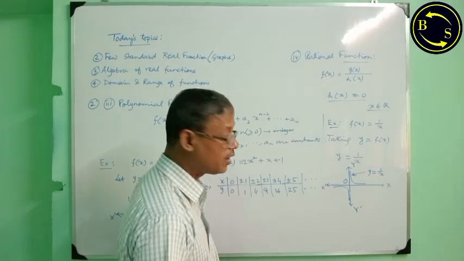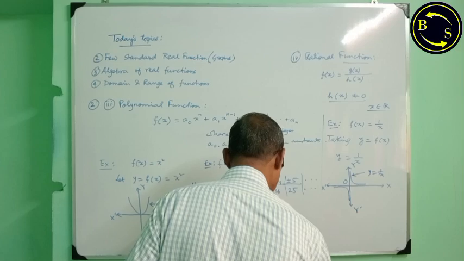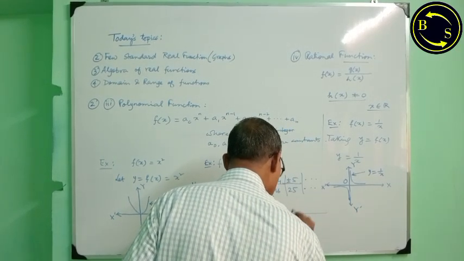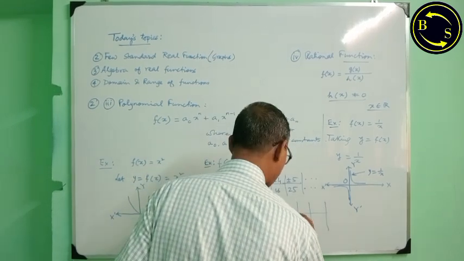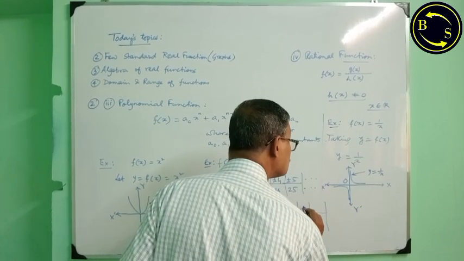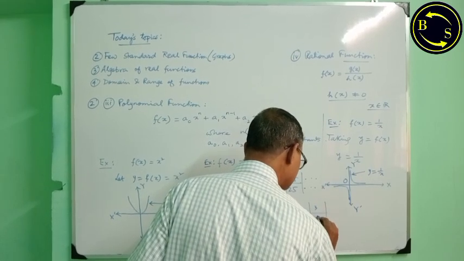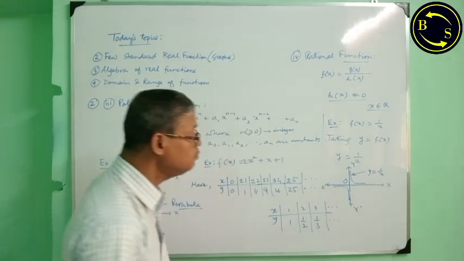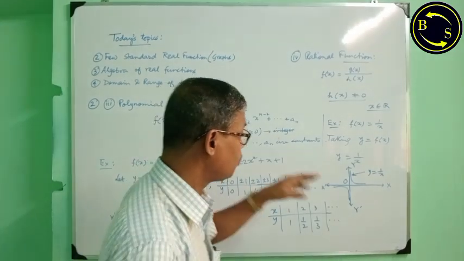Actually, to draw the graph of y equal to 1 by x, we take the points in the table, also we can take the negative values of x and plot those values.